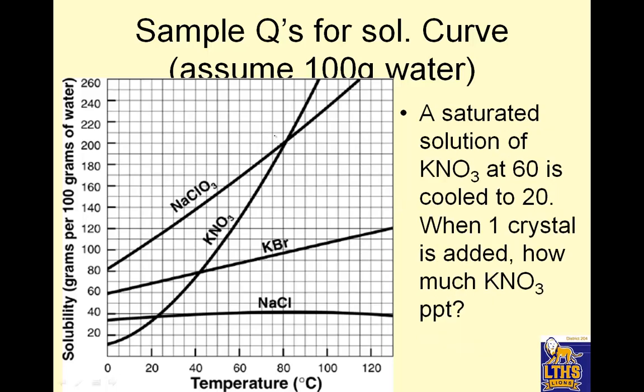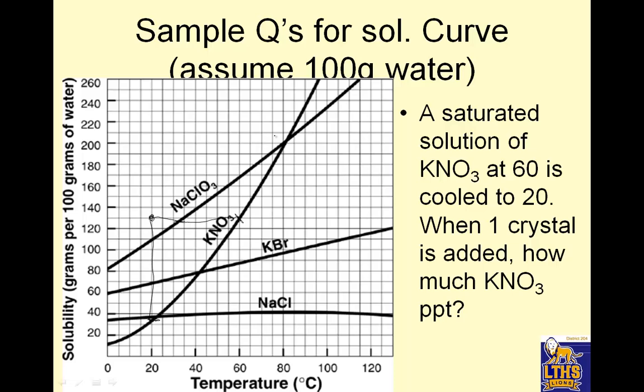A saturated solution of KNO3 at 60 Celsius is cooled to 20. When one crystal is added, how much KNO3 precipitates? Remember, it's going to precipitate down until it's saturated again at this new temperature.